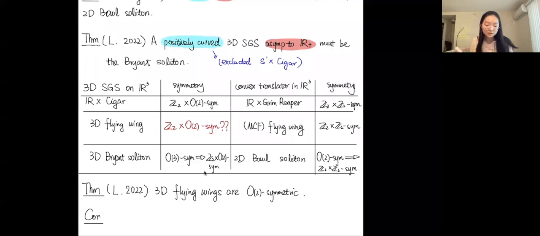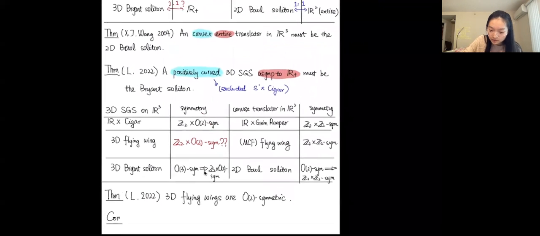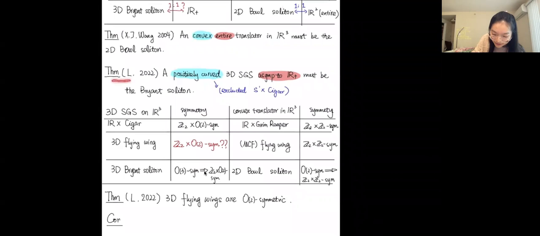And here's a corollary. If we combine this theorem with the earlier one: the earlier theorem takes care of the case when the asymptotic cone angle theta is equal to 0, and this symmetry theorem takes care of theta greater than 0.